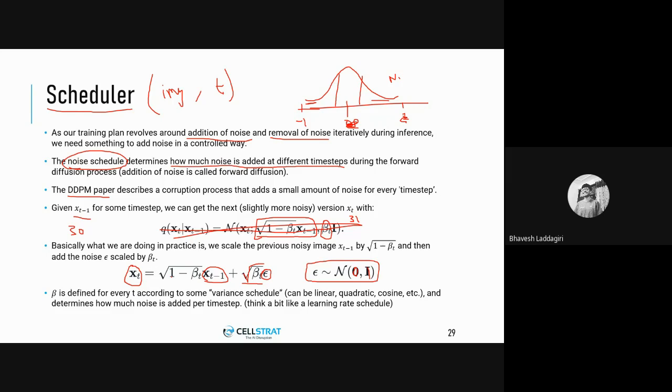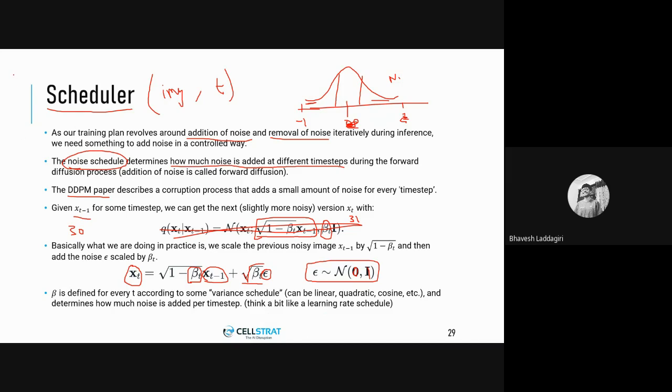Now let's talk about what this beta term is. You can think of it like a learning rate schedule. It's actually called the variance schedule, and it can be a linear or quadratic or cosine function or anything, which determines how much noise is added per time step. We have learning rate schedulers, right?